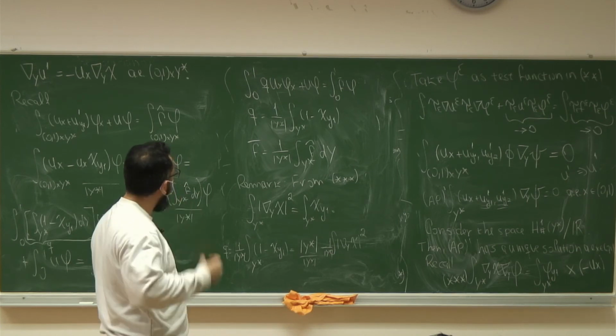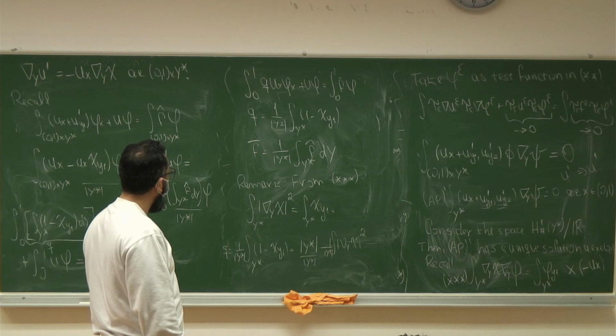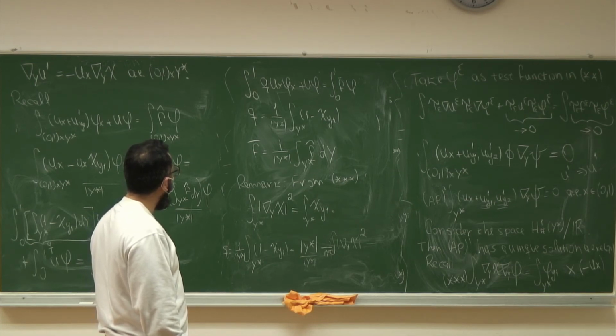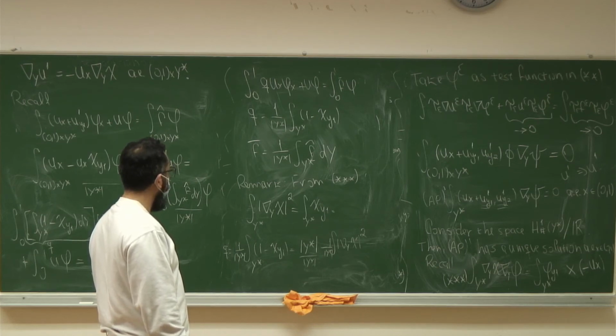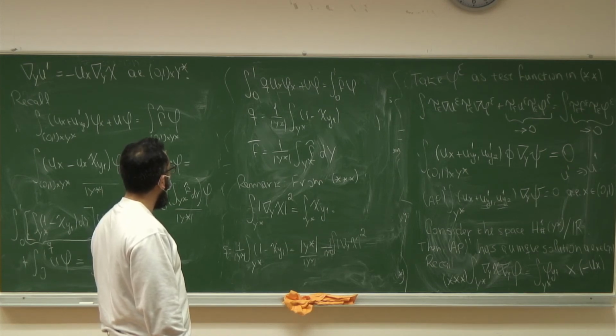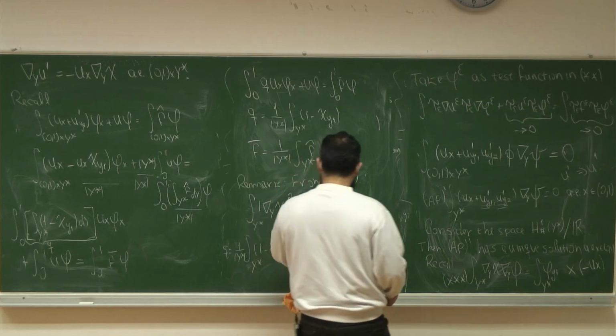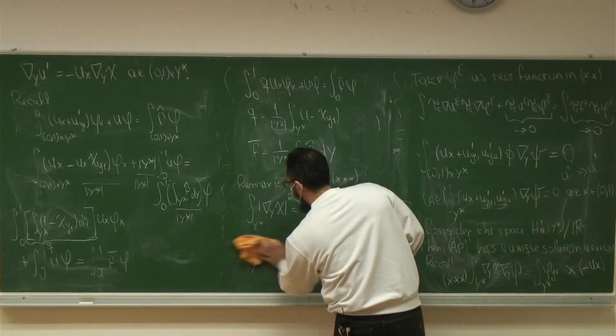What am I doing wrong? This q should be bigger than 0. Oh, okay.